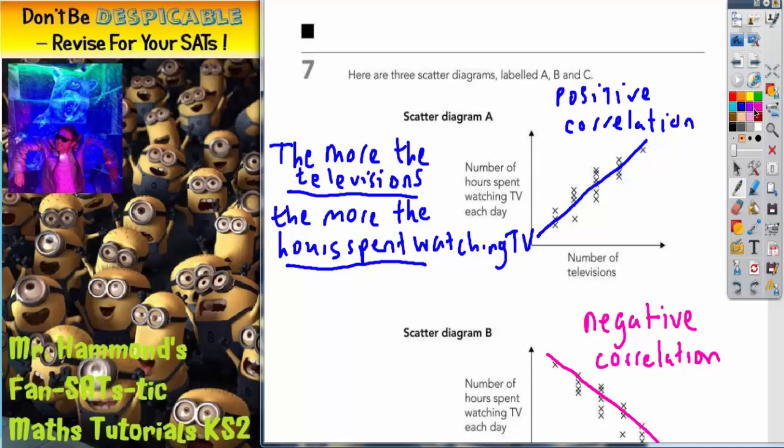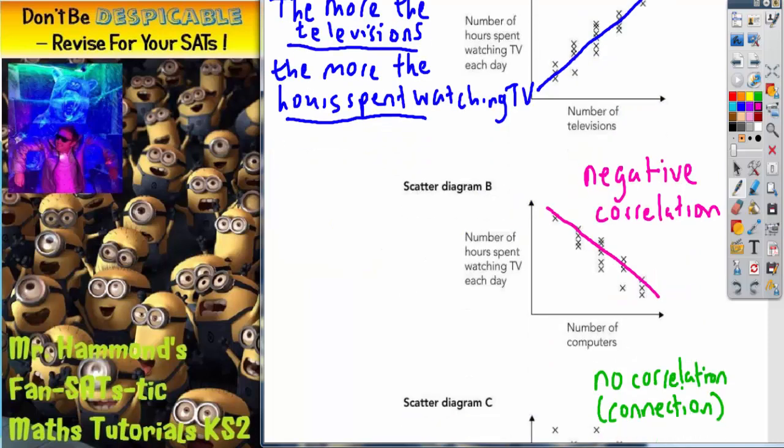But the key thing is, it is the more the blank, the more the blank. And you just fill in your blank spaces with the labels of the axes. Anytime that that's positive correlation, that is the general sentence structure that you need.